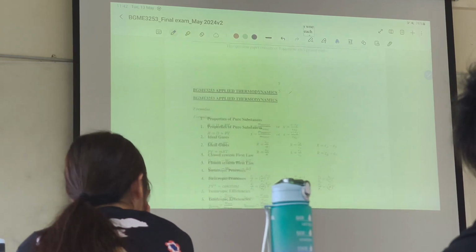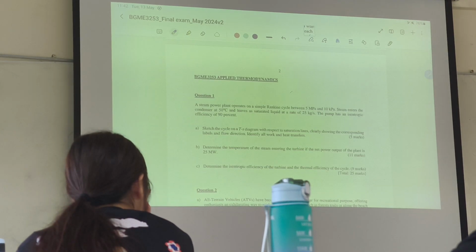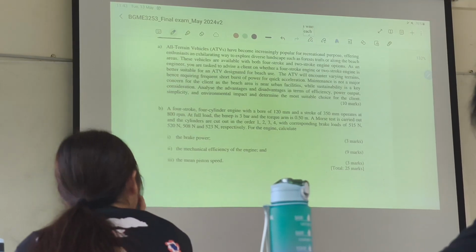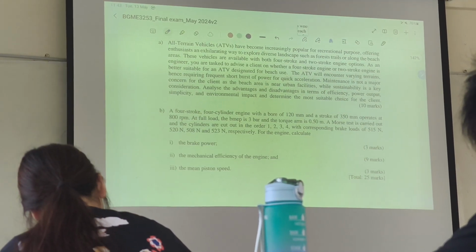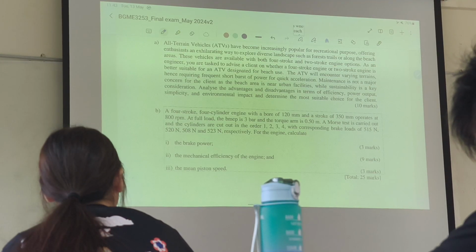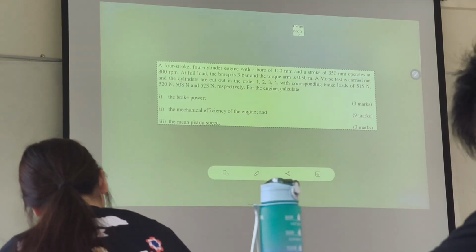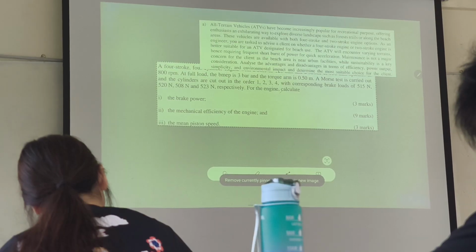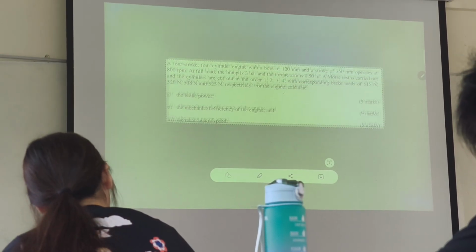So let's move on to question 2b. Question 2b, we are back to engines. We have always taken engines, but we are back to the calculation part. You can see this question is quite basic here.